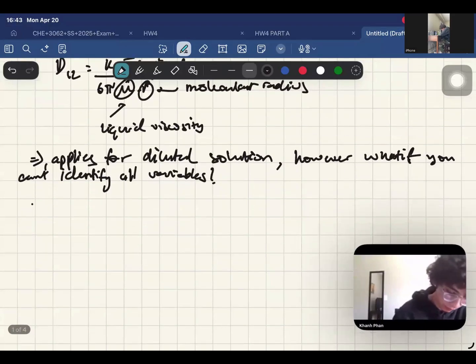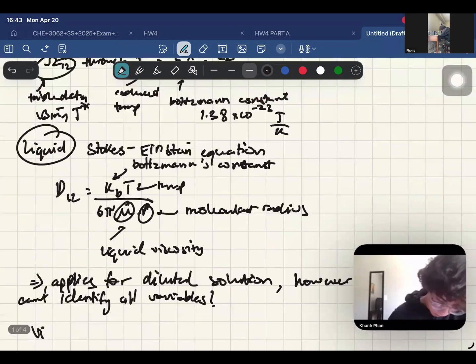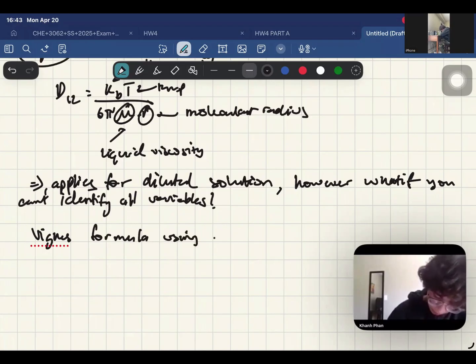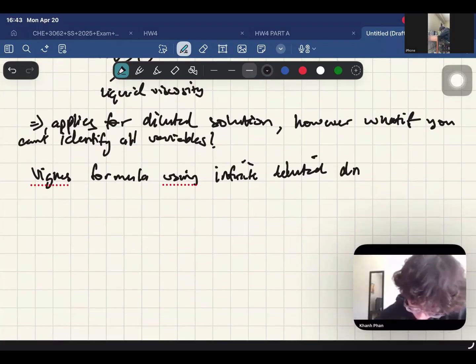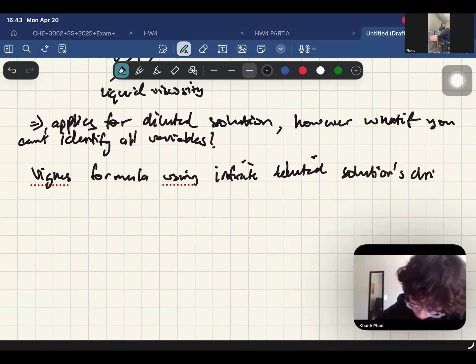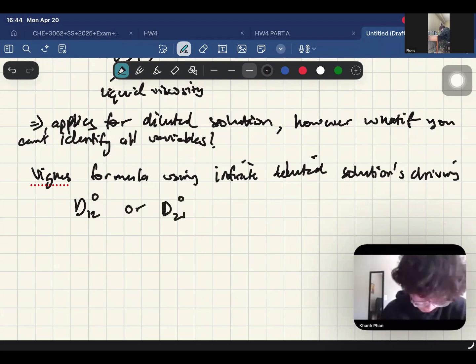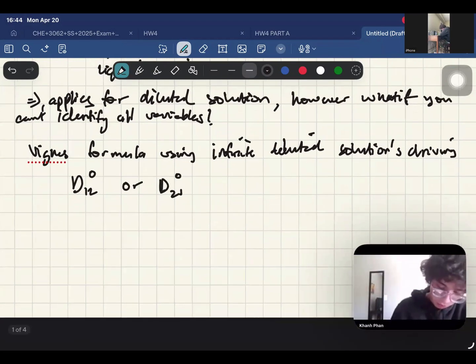So we're gonna use Vignes' formula, using the infinite dilution diffusion coefficients as the driving force. So there would be dilution of 1 in 2, or dilution of 2 in 1.